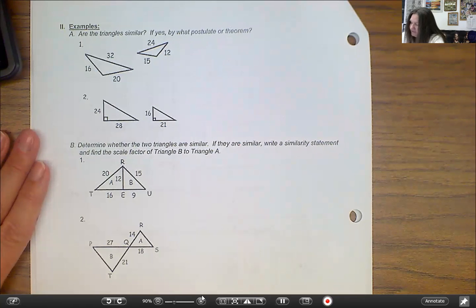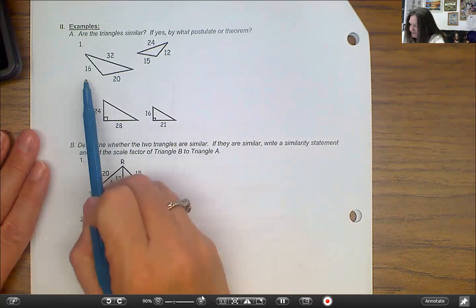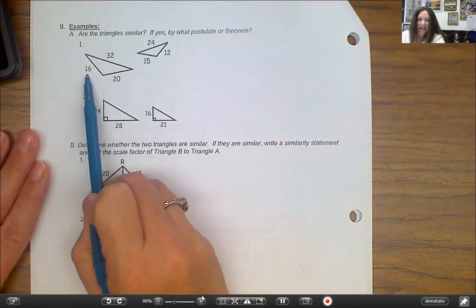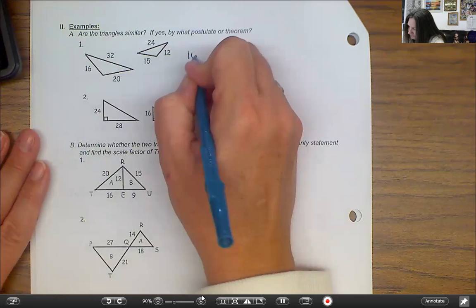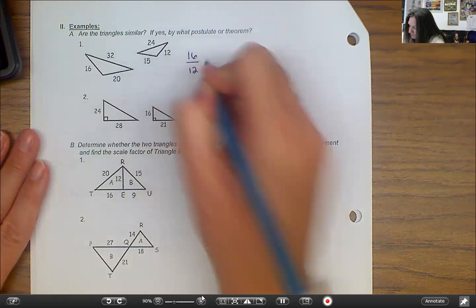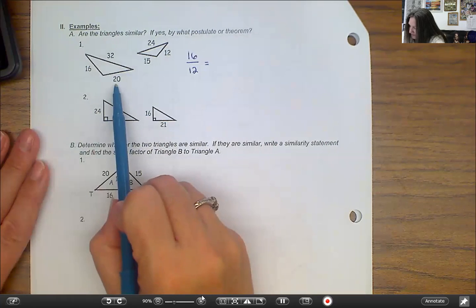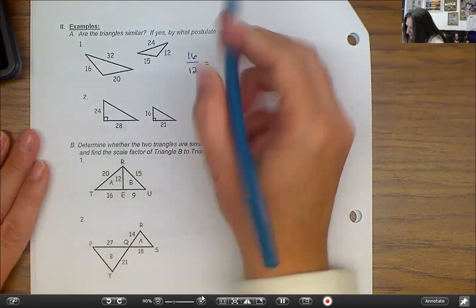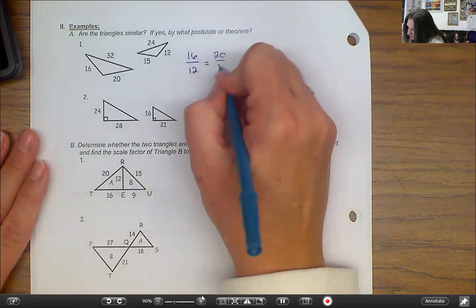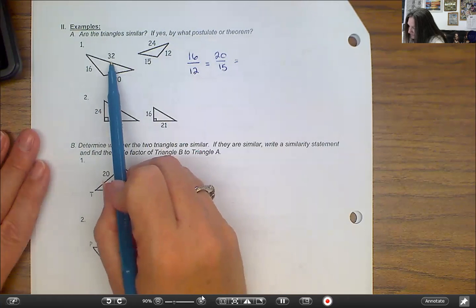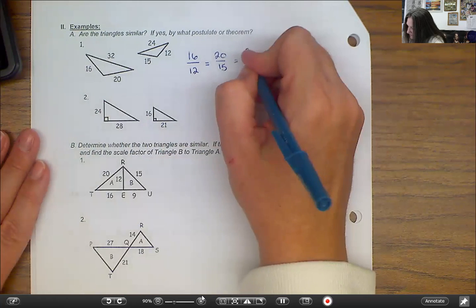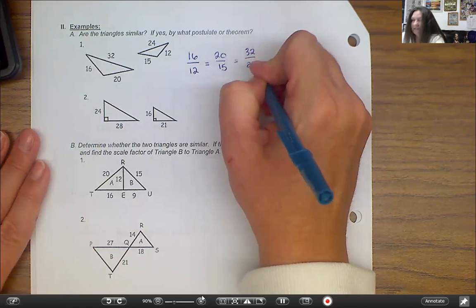So I want to look at the scale factors and match those up. Well, 16 is the smallest side on this triangle, so it will have to match up with the 12 over here. And then I would have 20 that would have to match up with 15. And then the largest side of 32 would have to match up with the largest side of 24 in that second triangle.